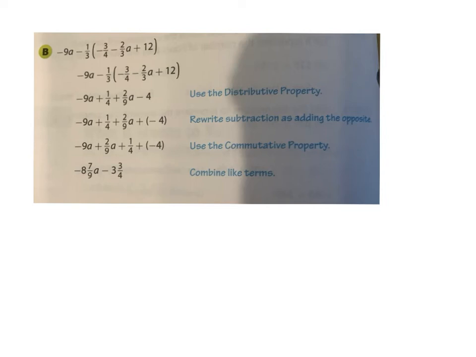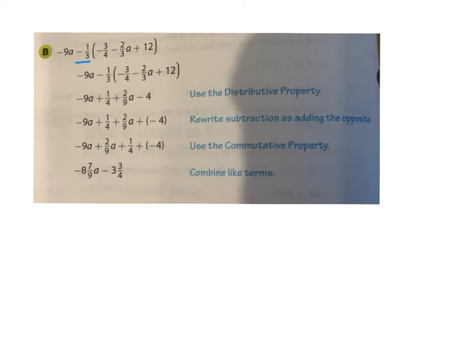So they want us to simplify this expression. This is -9a minus 1/3 of everything that's in here. So again, I'm going to look at this not as 1/3, but as -1/3 so that the right things happen with my multiplication through there, so that my signs don't get all messed up.